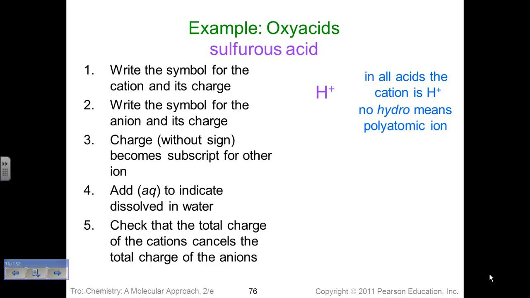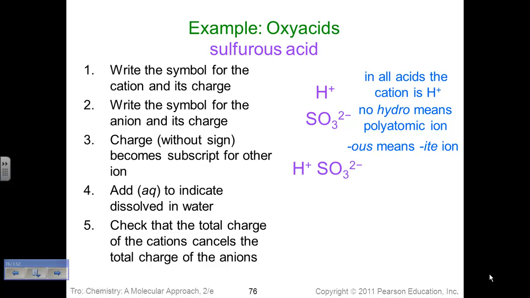Can you find on your polyatomic chart the polyatomic ion called sulfite? Us came from ite. We need to find sulfite. Do you see it? Second column of our polyatomic chart, halfway down perhaps, a little less than halfway, sulfite, SO3 minus 2.